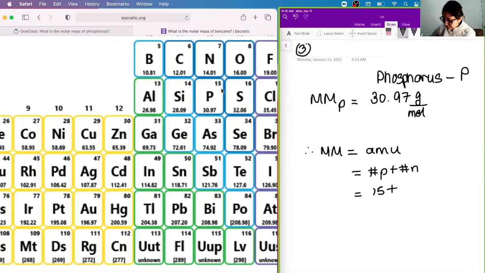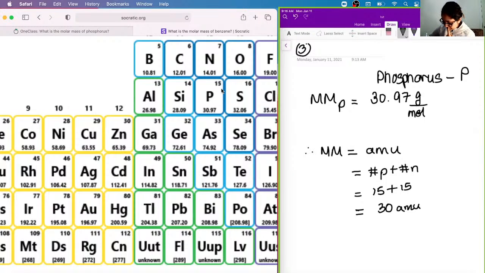And to calculate the number of neutrons, this is basically the same in the majority of cases for elements: the number of neutrons is also equal to the number of protons. So we can say this is also 15. And so you just add this up and you get 30 AMU, right?